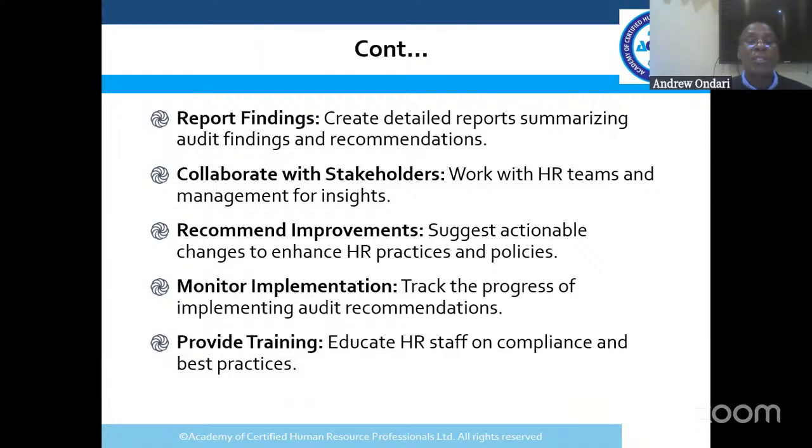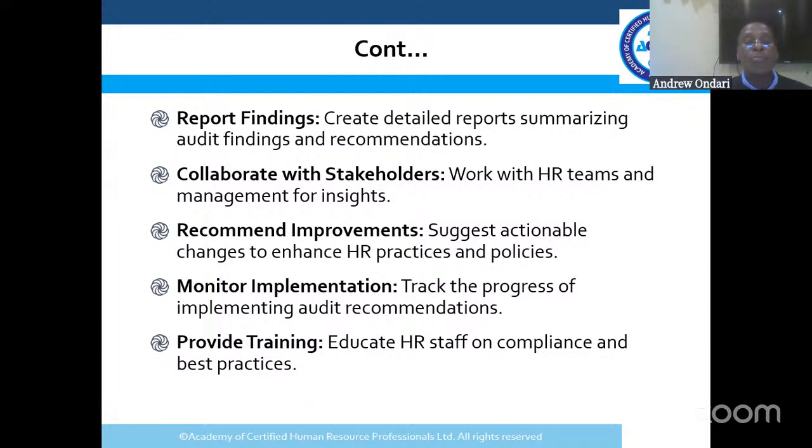The other one is to work with the stakeholders, both within and outside the organizations. As I have said before, HR audit is not for HR department only. We can work with other departments like finance, marketing, production.